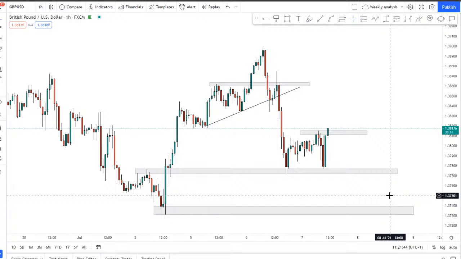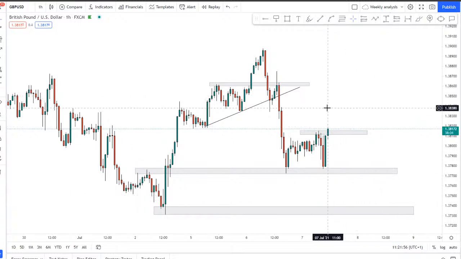So if that was to happen, that's perfectly fine, but I'd rather try and see this trade through, and if it does eventually go all the way up, I'll close it at some point.